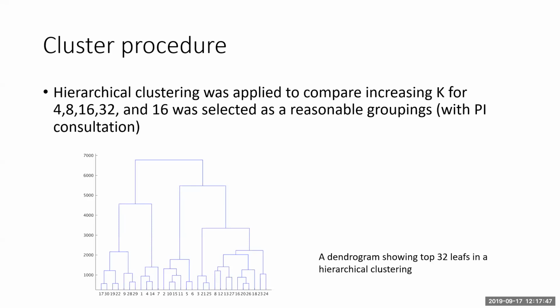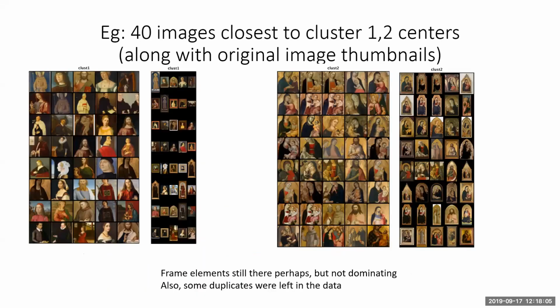If you're familiar with hierarchical clustering, the dendrogram gives you a sense of how well those 16 clusters are defined. You can see that the vertical distance between when things are joined starts getting small right around 16. So we selected 16 as a reasonable number.